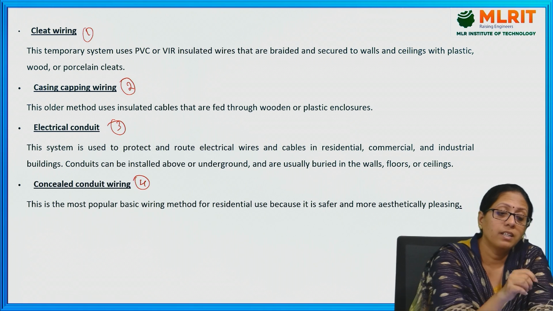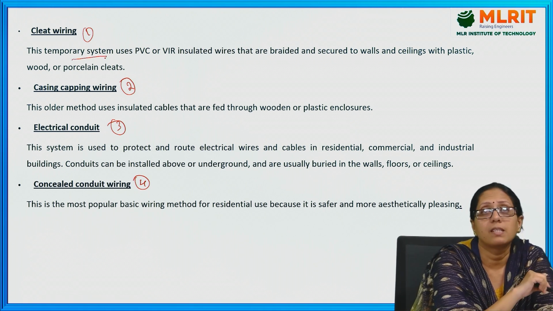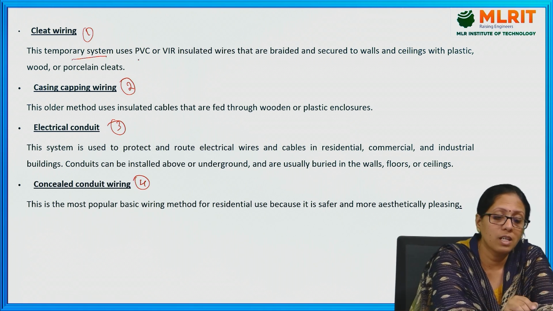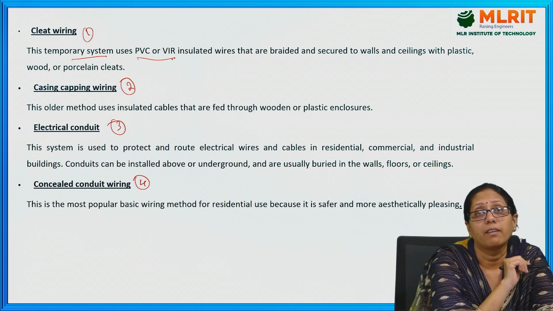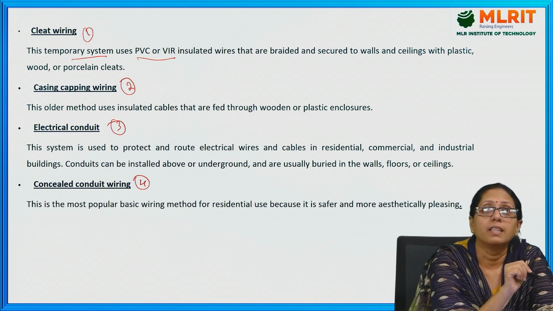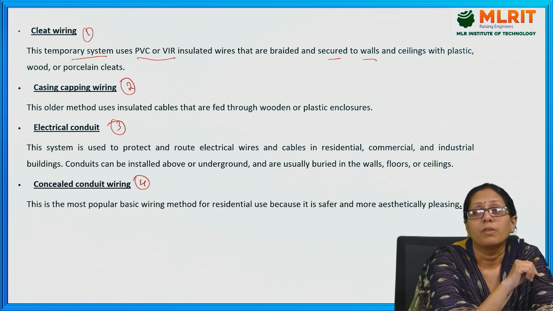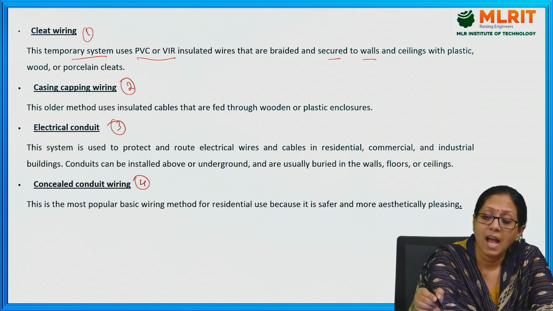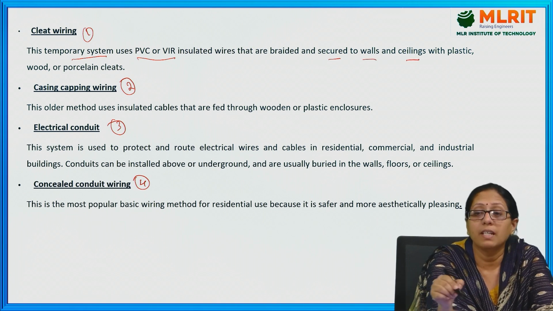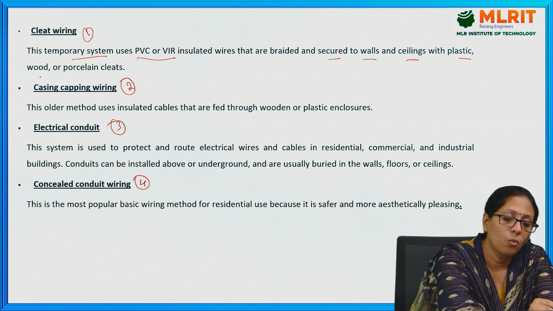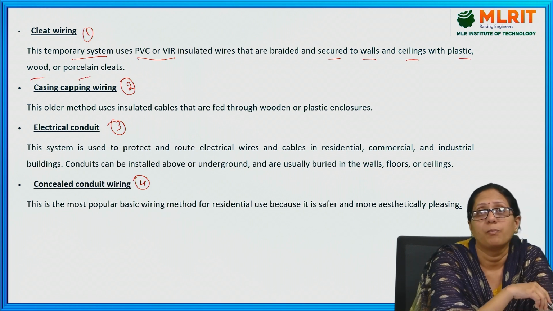Cleat wiring is a temporary system, mostly using PVC and VIR insulated wires that are secured to the walls and the ceilings with a material like plastic, wood or porcelain.